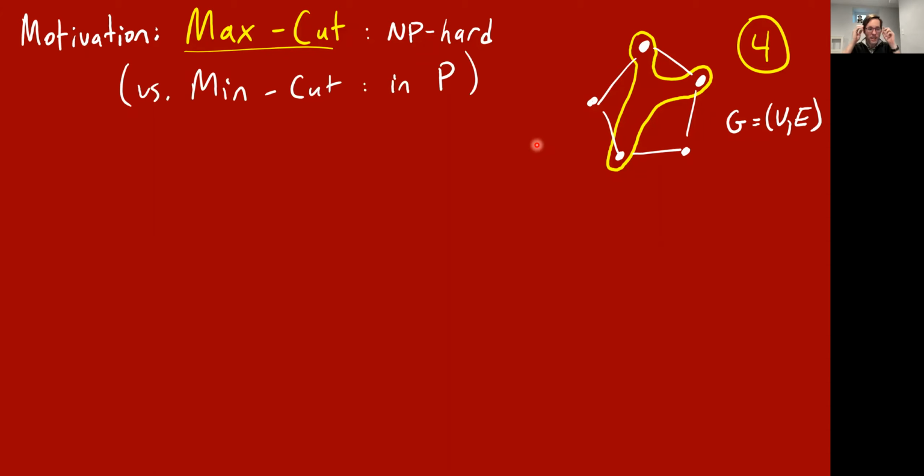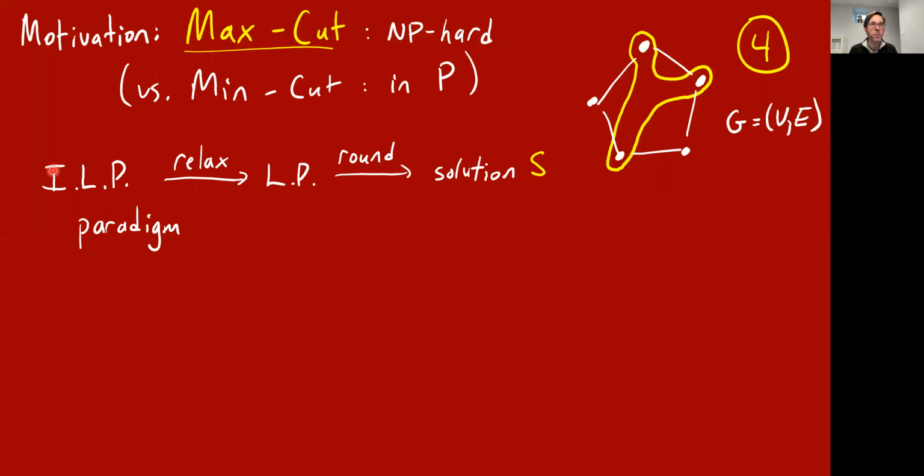Okay, so what that means is, if you try this paradigm of writing down an integer linear program that captures maximum cut, relaxing it to a linear program, and hoping that's not such a bad relaxation, maybe solving this linear program, getting an optimal fractional solution, and then rounding it to a true solution S, this paradigm we talked about last time, well, you're not going to get the situation that this always gives you the optimal maximum cut, because then max cut would be in polynomial time.